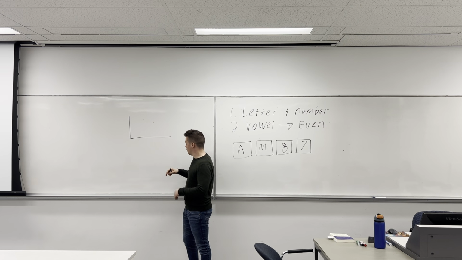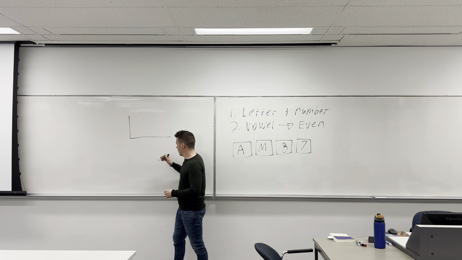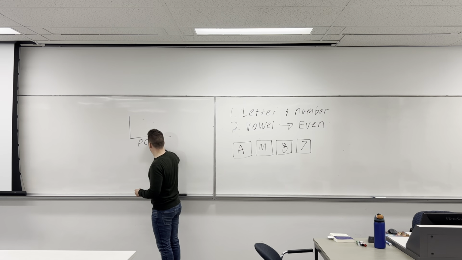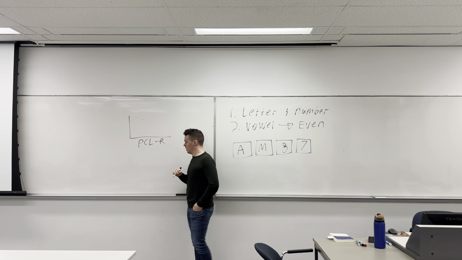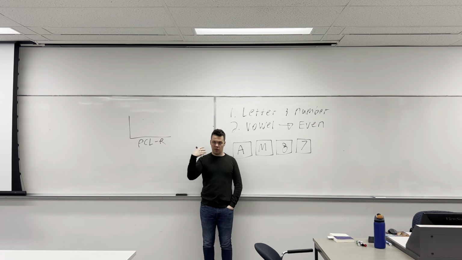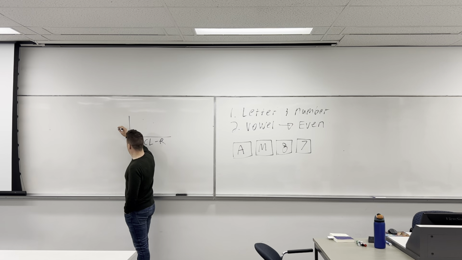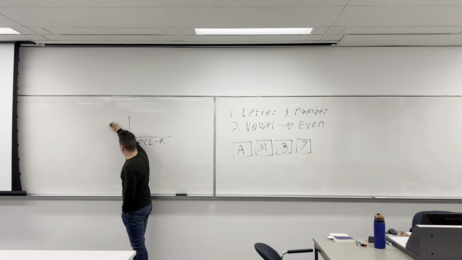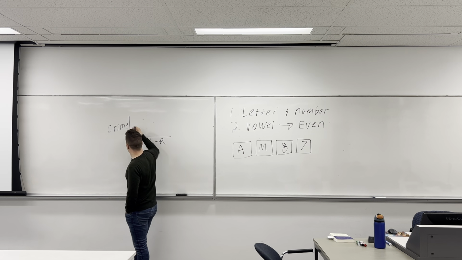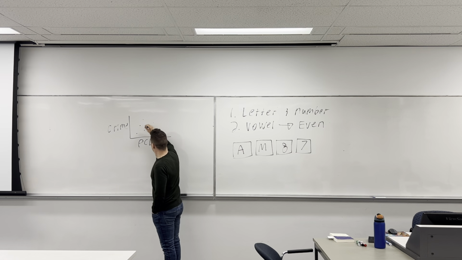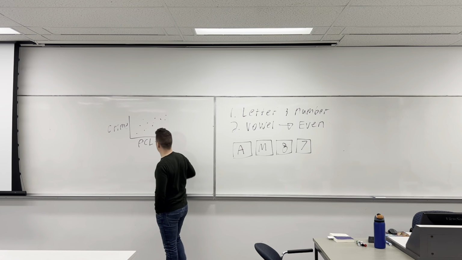So let's say you have two variables. Let's say it's the PCL-R, so the Psychopathy Checklist Revised. So you have people's scores on some measure of psychopathy. And what you're trying to predict is likelihood of committing a crime once you leave prison. And here are the points you get.